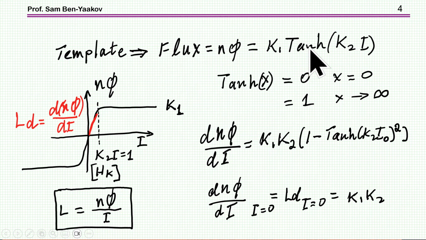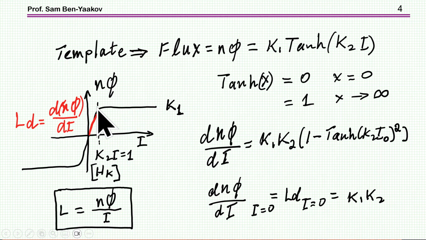Now the tangent hyperbolic function by itself, when x is 0, is at this point here, the 0 point. And for large x's, much larger than 1, the value is 1. So it sort of saturates at 1.